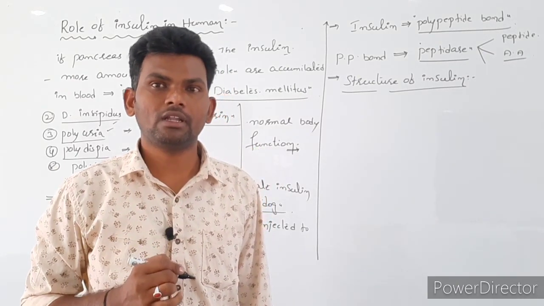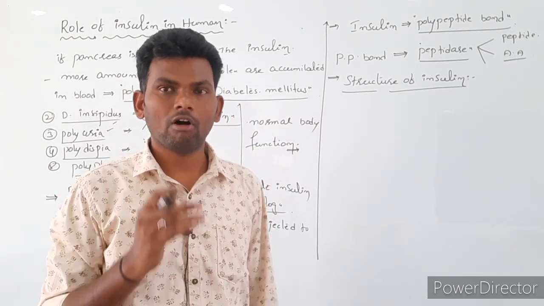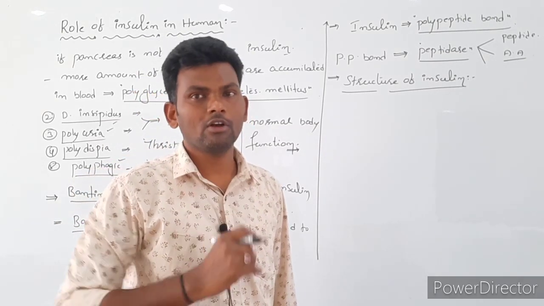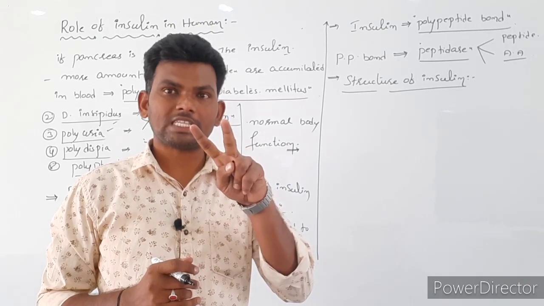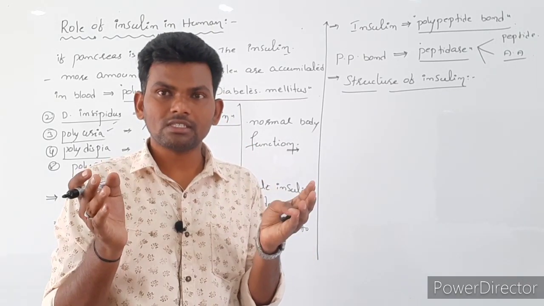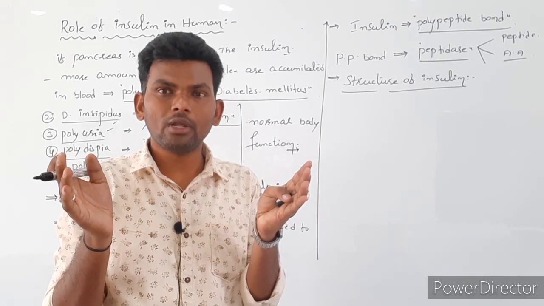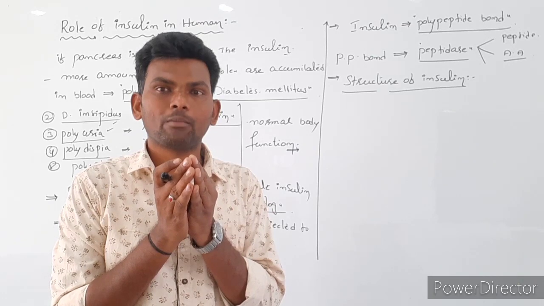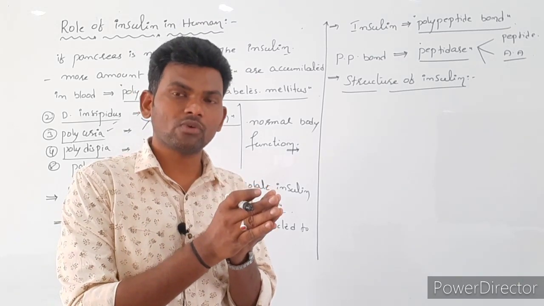Chain B contains 30 amino acids. Altogether 51 amino acids are present in the insulin protein. Two genes are responsible for production of chain A and chain B. After synthesis, these two chains are joined by disulfide bonds. Then only does it act as insulin.